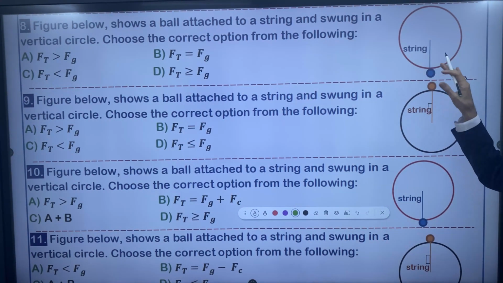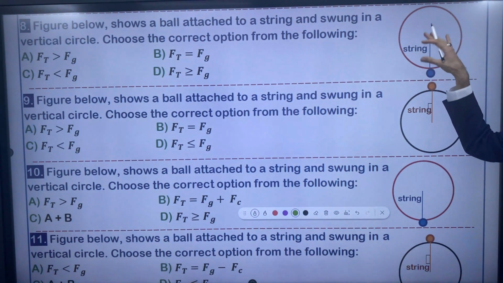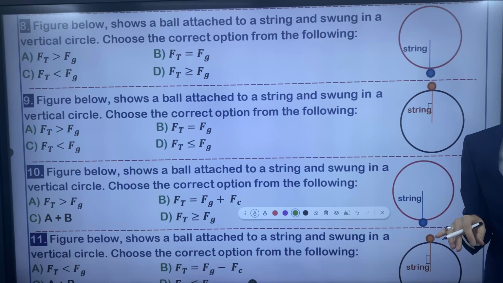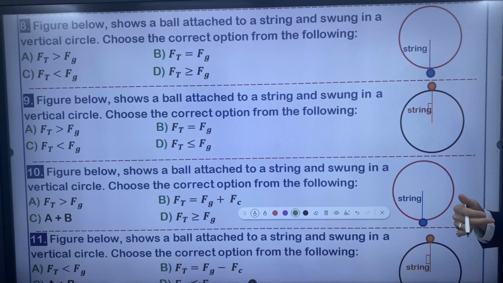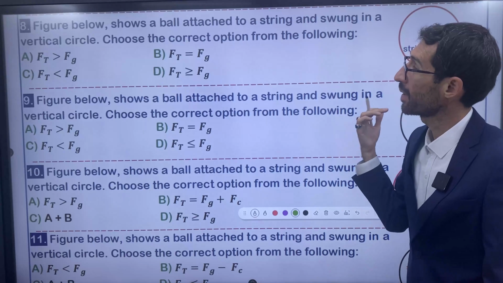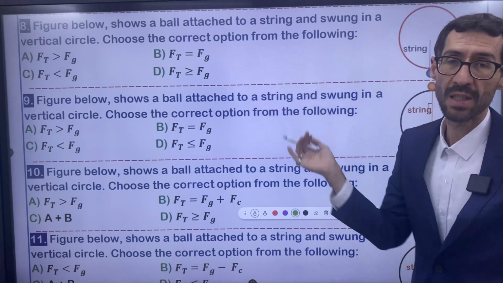They are similar to the previous question, but I prepared them graphically. I drew some figures for you. Let's discuss them together one by one. So it says choose the correct option. Which option is true?